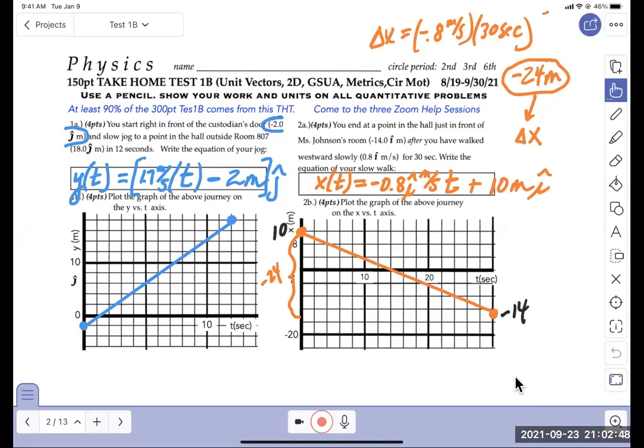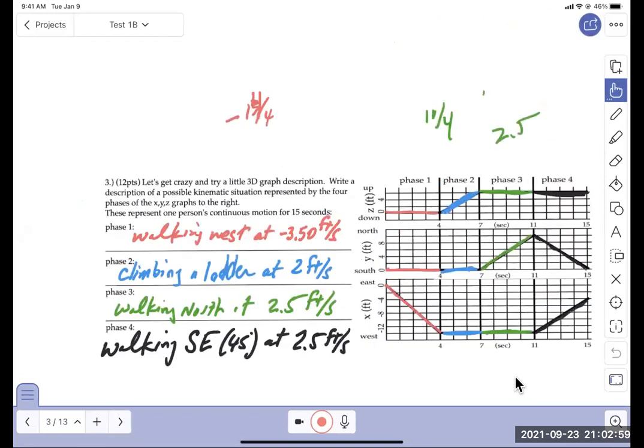Anyway, we talked through this last time. So check to make sure you're right. And later on, we can go through this again. I don't want to waste people's time that have already been there to go over all this again. This was the three-dimensional walk, and it's 4 phases.